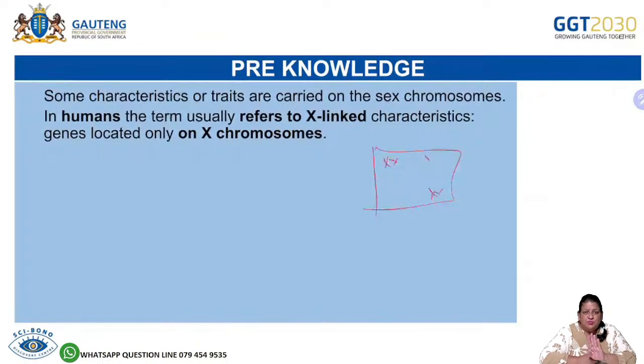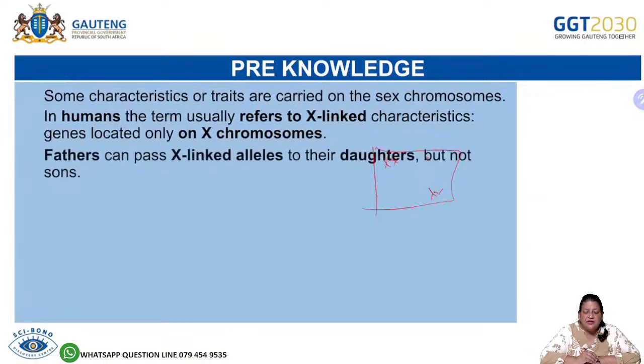That's why the mutation occurs on an X chromosome, and if it does, it's going to cause a disorder. So because the disorder is on the X chromosome of the sex chromosome, it's going to be referred to as a sex-linked disorder or an X-linked disorder. Right, genes located on the X chromosome.